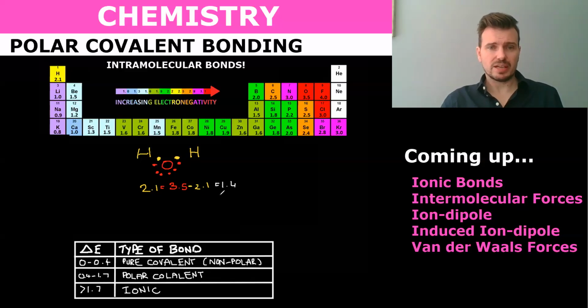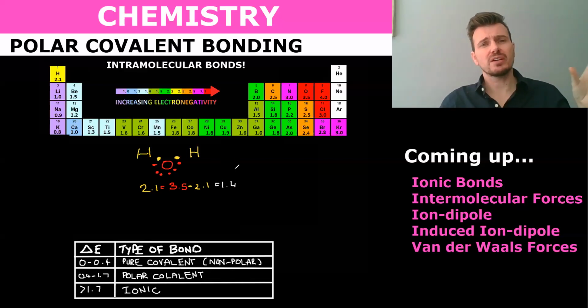When we look at our table, an electronegativity difference between 0.4 and about 1.7 tells us it's polar covalent. So we just need to look at the difference in electronegativities if you're given them, and it's the quickest way to figure out whether it's polar covalent, pure covalent, or ionic, which is what we'll be doing in the next lesson.